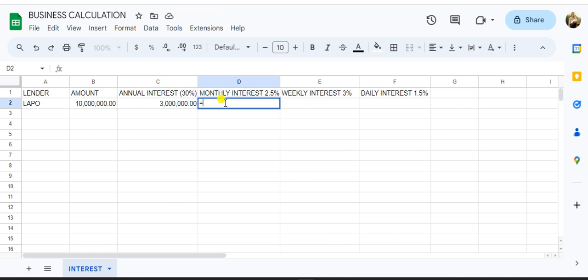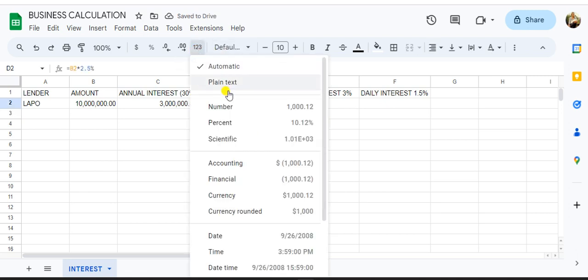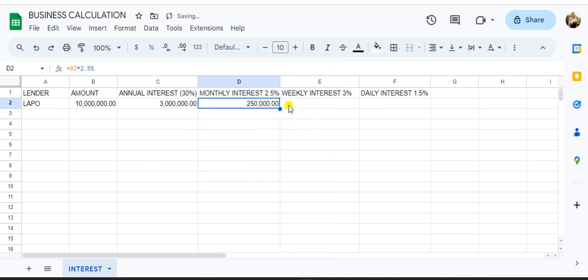Then monthly interest, which is a 10 million naira loan multiplied by 2.5% interest. The interest you are going to pay them monthly is 250,000 naira.